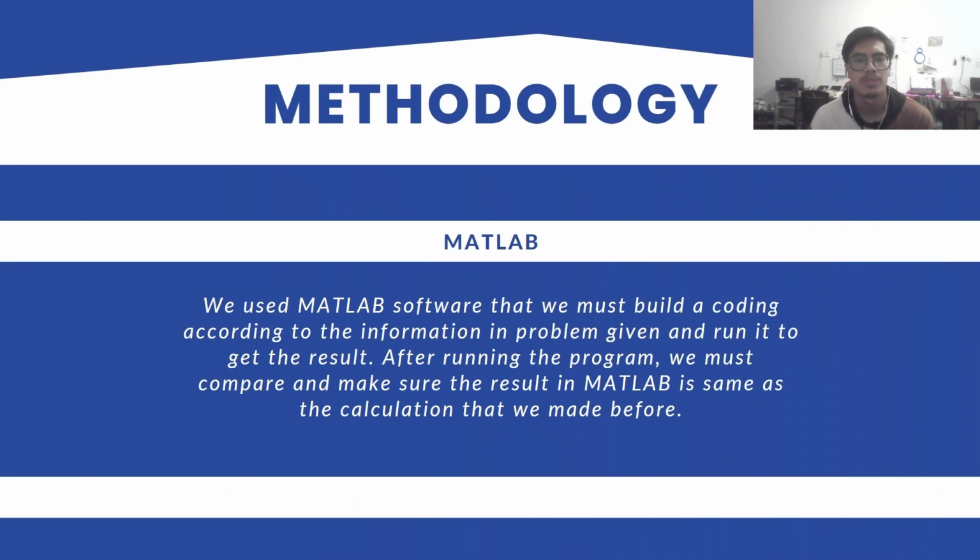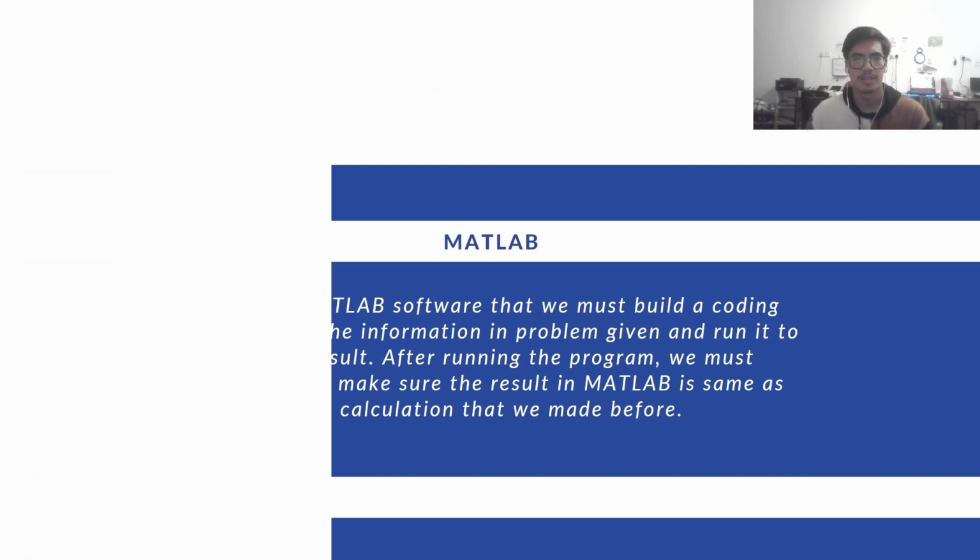So we will use Matlab software that we must build according to the information given and run it to get the result. After we run the program, we must compare our manual calculation and the Matlab answer, and we must get the equal answer from that.